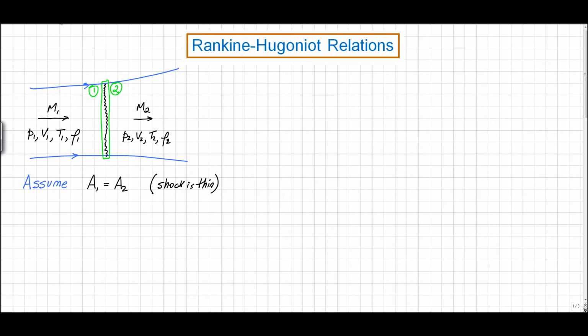Let's now start our conservation equations. So the first one we'll do is we'll apply the conservation of mass. So that's the continuity equation. The conservation of mass says that anything that's coming into the control volume at state 1 must leave the control volume at state 2, all the mass.